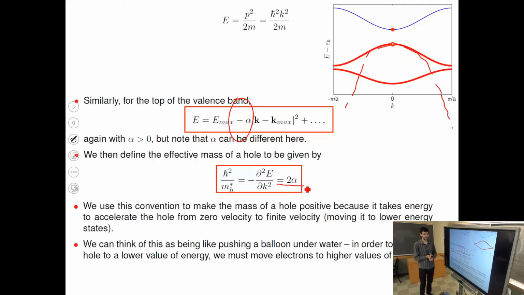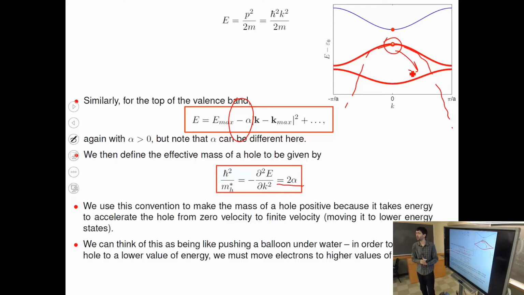Now, why do we do that? We do it for the following reason. It's because if we think about this hole here at the top of the band, this is the position where it has the lowest energy. If we're thinking of pushing this hole away from the top of the band, pushing it to higher momentum, that costs us energy.